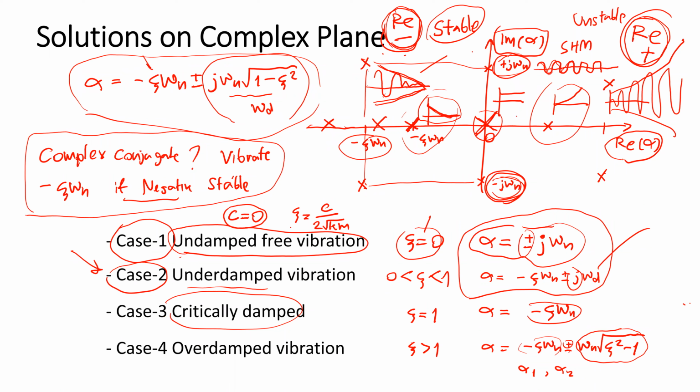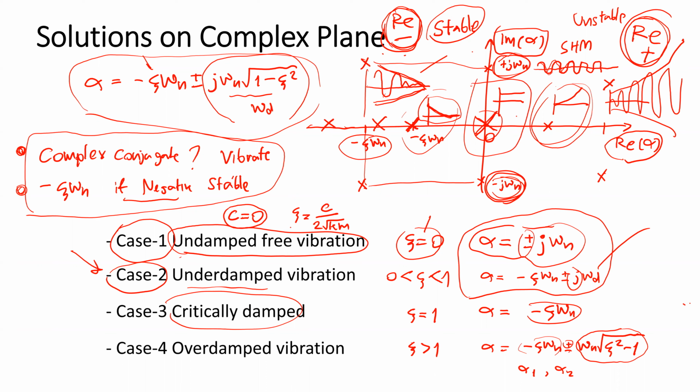If we have complex conjugate, it vibrates. The second bullet is, if the real part is negative, the system is stable and the magnitude is going to decrease. If the real part is 0, the magnitude doesn't change. If the real part is positive, the system is unstable.